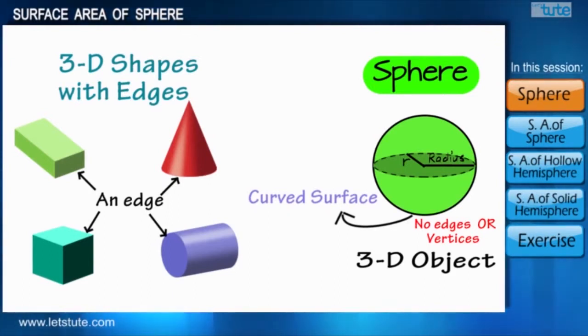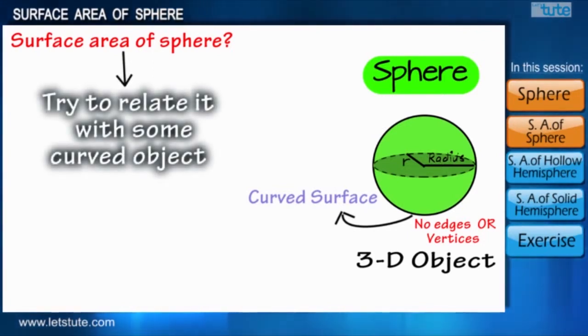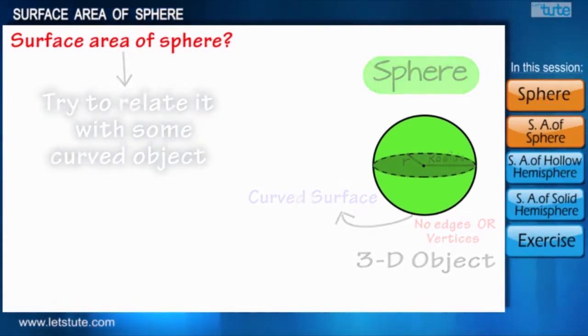So like the other objects which we have already learned in our previous sessions, how can we calculate the surface area of a sphere? Since it is round in shape with no edges, it is a bit difficult to find its surface area. But we can make it easier to understand if we relate it with curved or round-shaped objects.